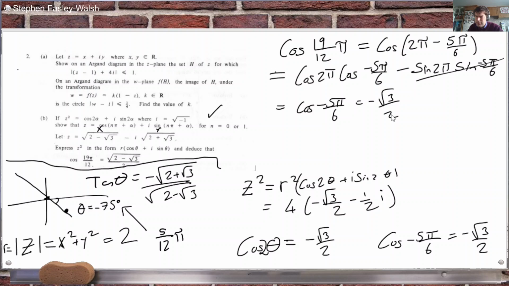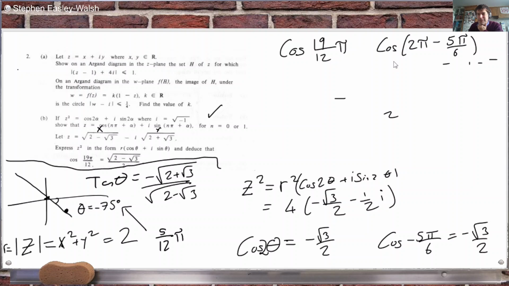Oh wait, hang on. Oh, hang on, 24. I think I made a mistake with my subtraction at the start, of all things. Okay, so that would be cos of 24 minus 5 over 12 pi, right?